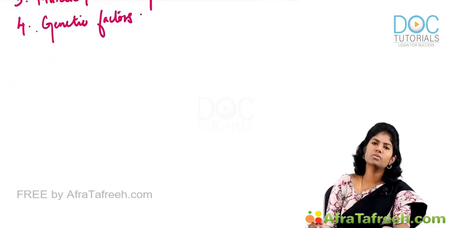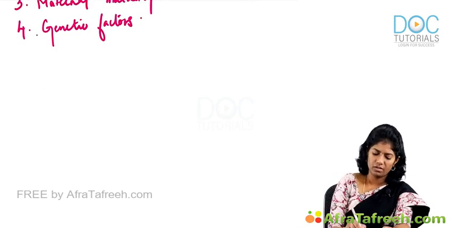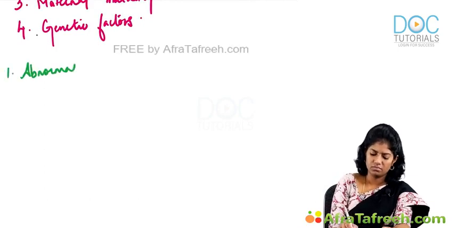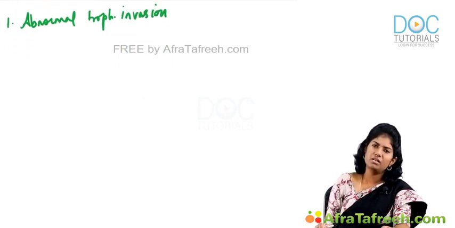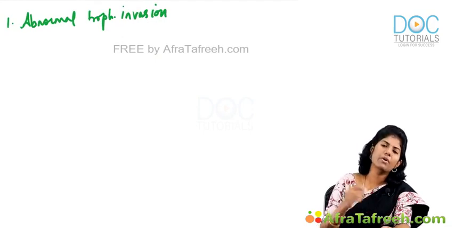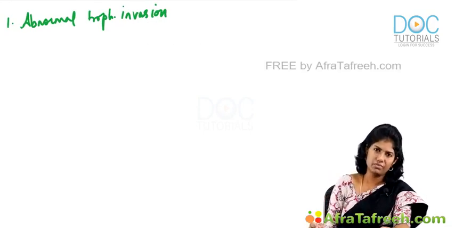So, under abnormal trophoblastic invasion, we need to know something. In the placental implantation and villi formation, we have primary villi, secondary villi and tertiary villi.